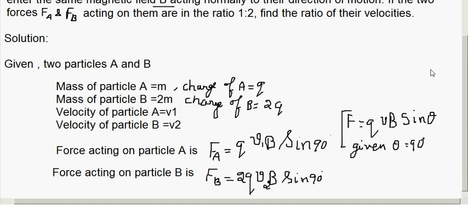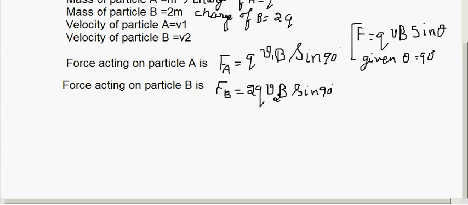Now given Fa by Fb is half. Given Fa divided by Fb is equal to half.